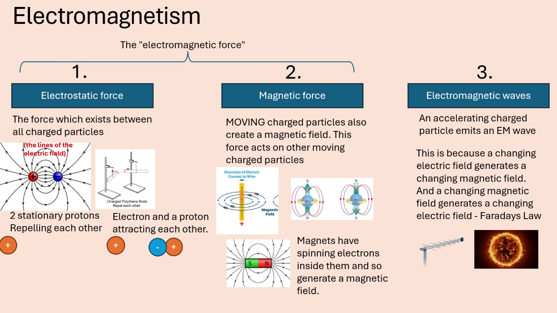Right, and then the electrostatic force and the magnetic force, this goes to degree level. They're actually the same force at degree level in physics. Sometimes you'll just refer to both of them as the electromagnetic force, because it turns out that the magnetic force is kind of like the electric force, but from a different frame of reference.